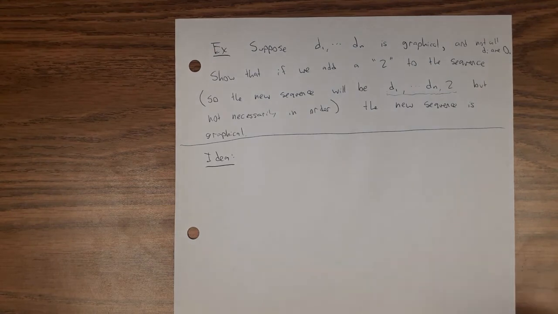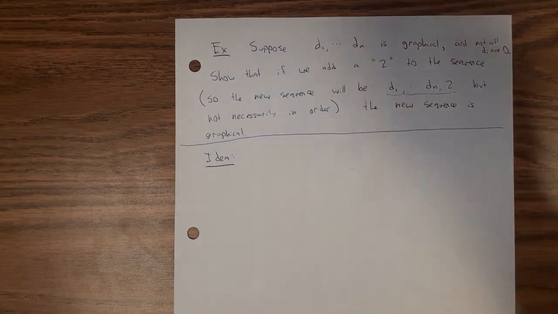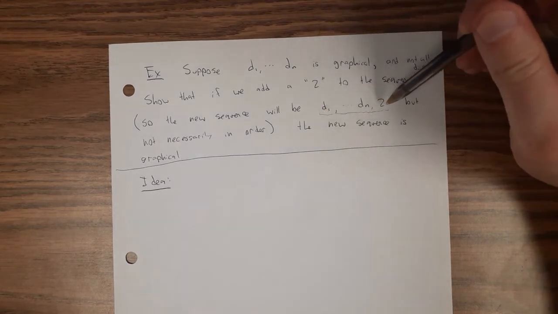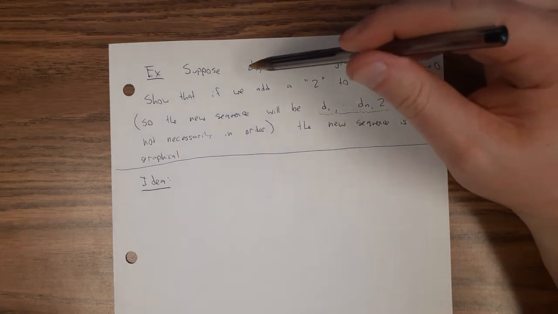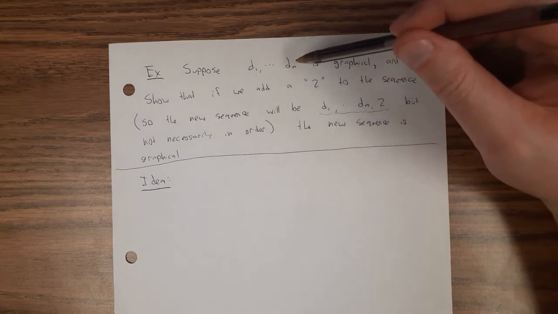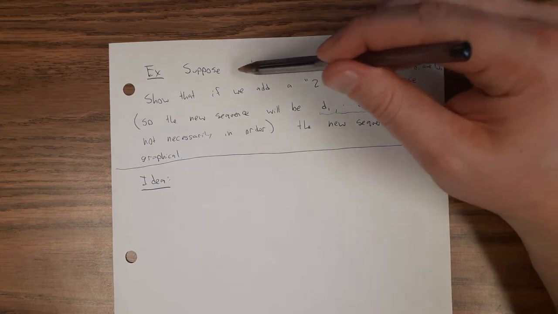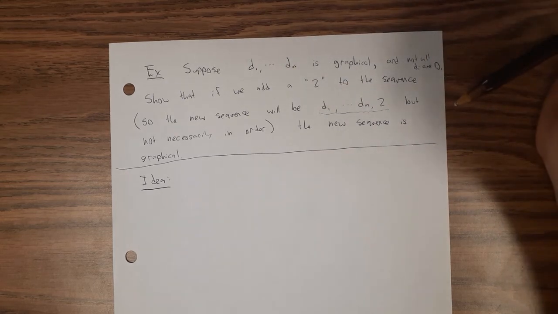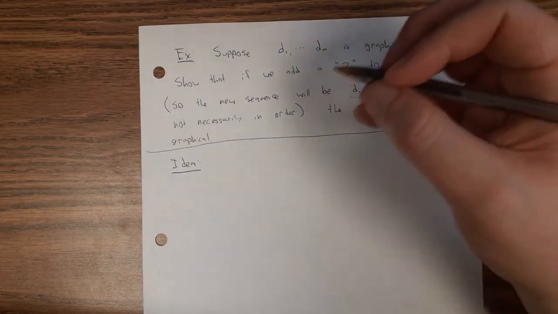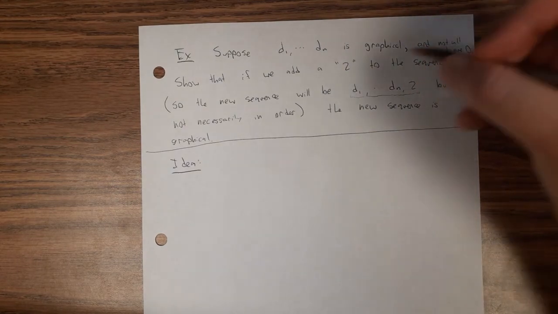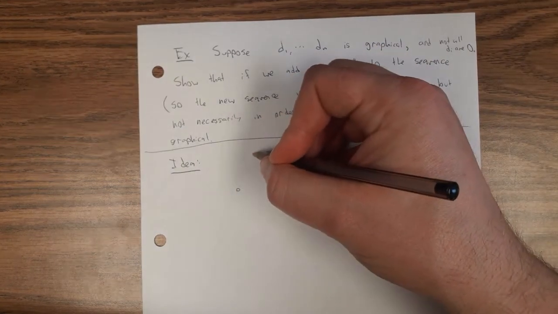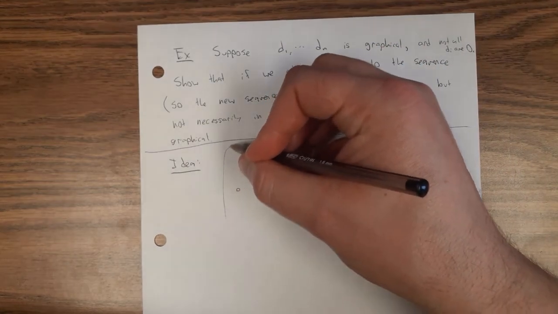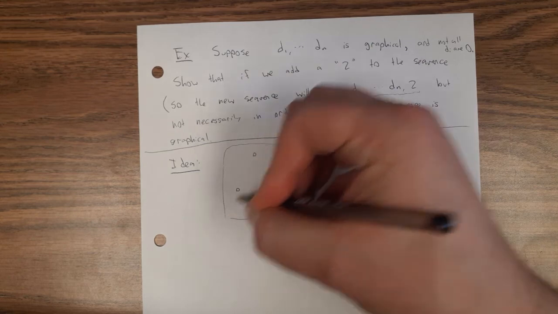So here's the idea I'm going to use. I'm going to describe a graph with this degree sequence. I know that there's a graph with this degree sequence, and I would like to take that graph and make a graph with this degree sequence. And one way to do that is, so this is just kind of scratch work.